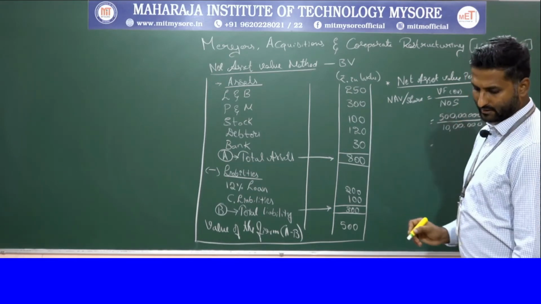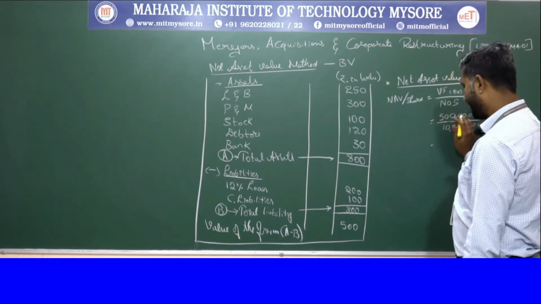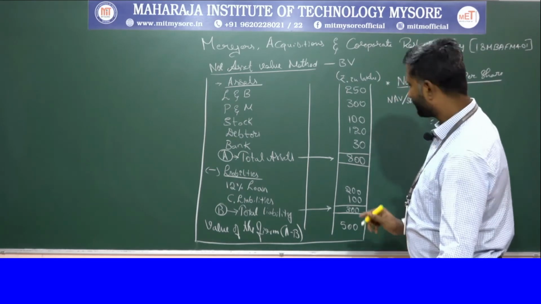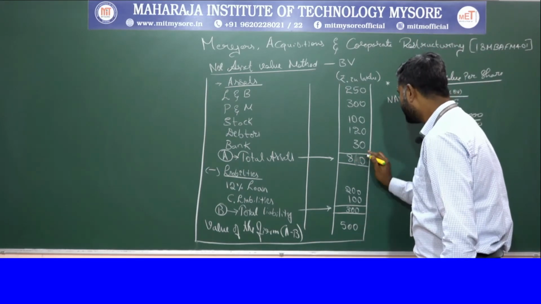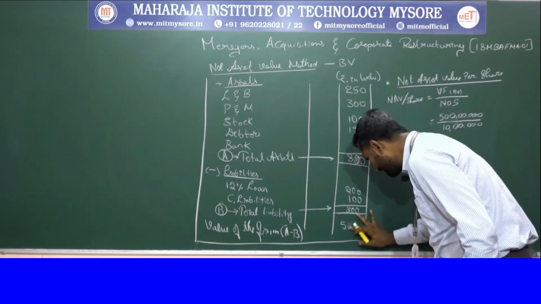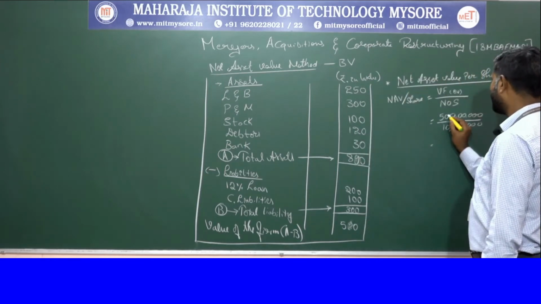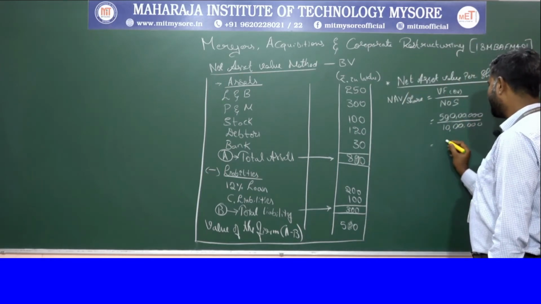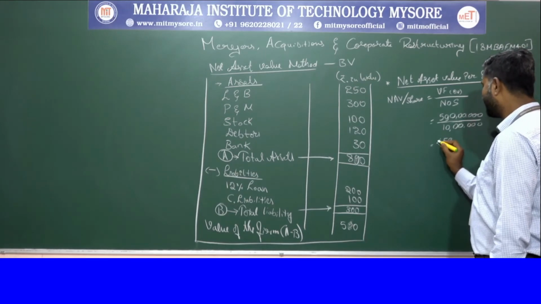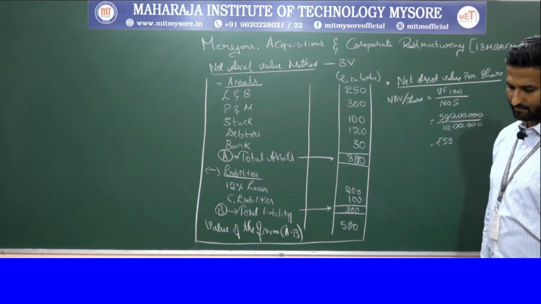Sorry, the value of the firm is 590 lakhs, so 590 lakhs divided by 10 lakhs gives rupees 59 as the NAV per share.